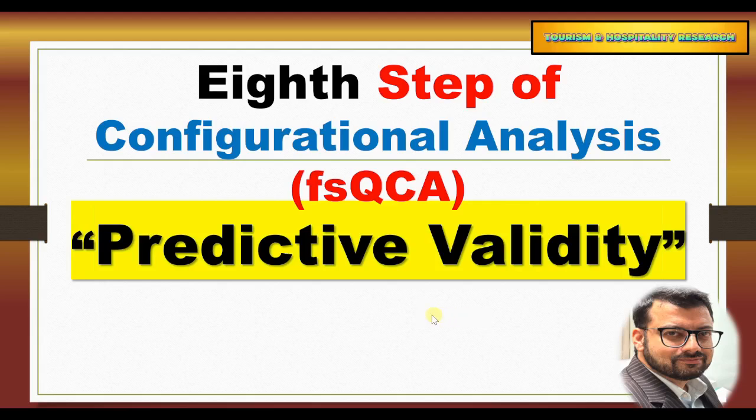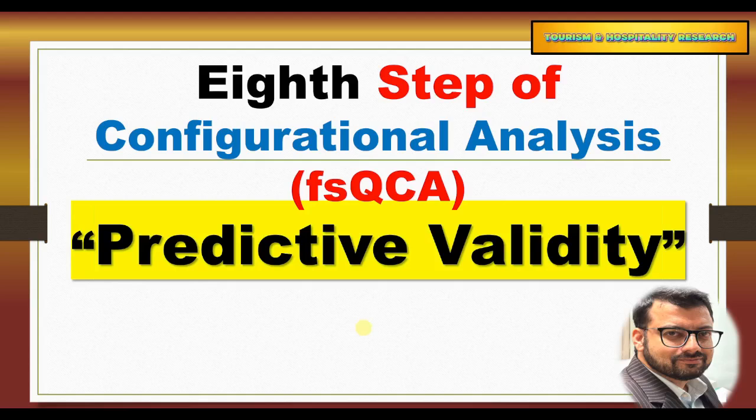It is seen that most of the papers in FSQCA do lack upon two steps, which are the first step, which is contrarian case analysis, on which I had prepared the first video on FSQCA. You might like to go back and check the playlist to learn about how to do contrarian case analysis.